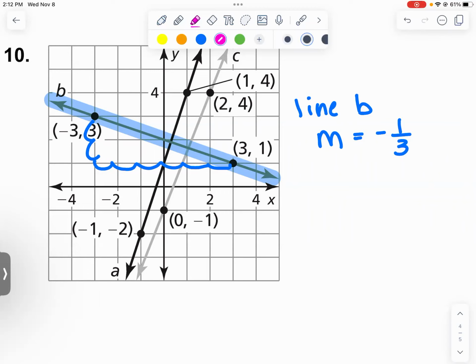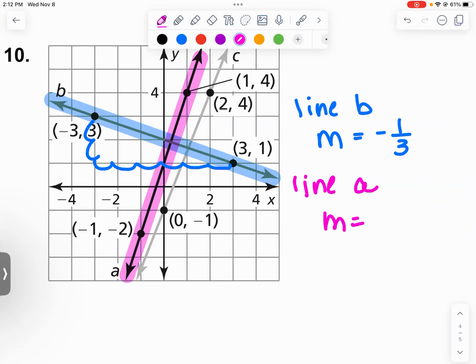All right, let's look at line A. What's our slope? DJ, what's happening?